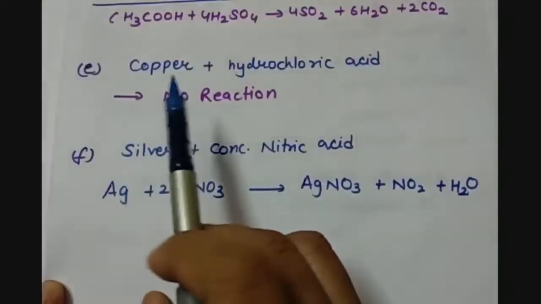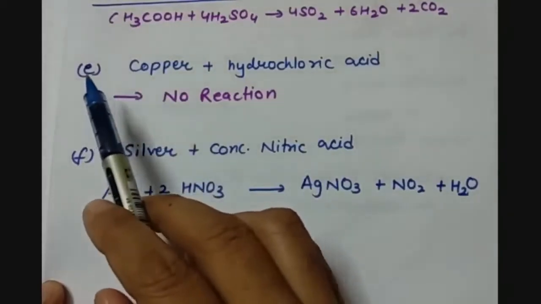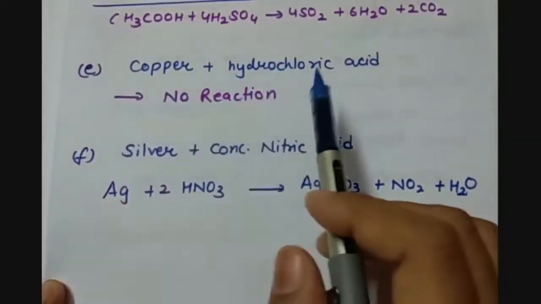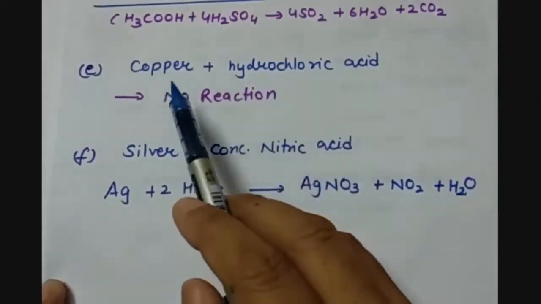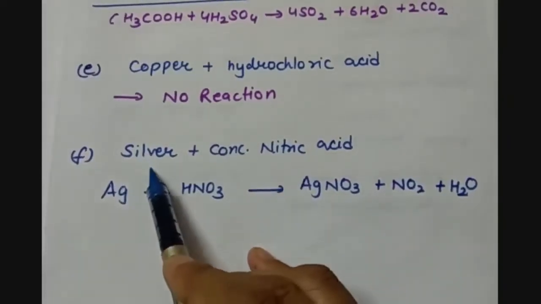The same thing happens in the case of copper, that is part E, when copper reacts with hydrochloric acid. Copper is a less reactive metal as compared to hydrogen which is present in the hydrochloric acid. So it cannot displace hydrogen from the acid, and hence no reaction takes place. Then we have silver.